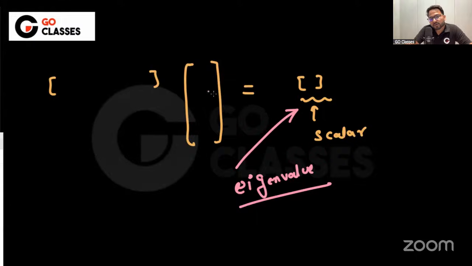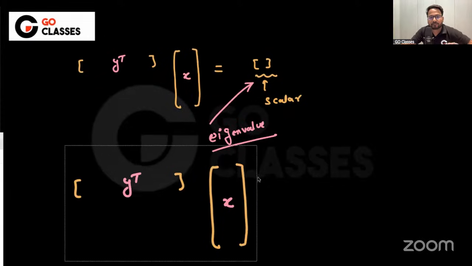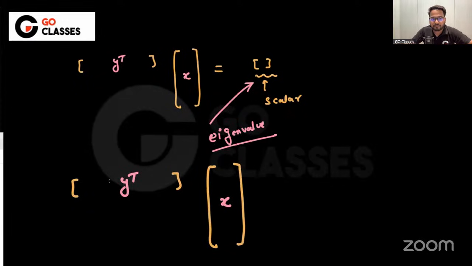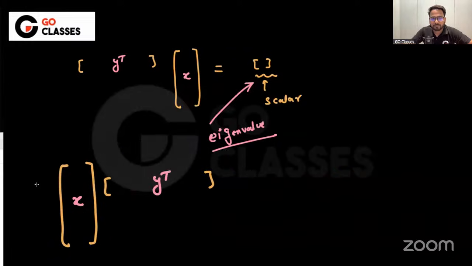Now, if I ask you, instead of this multiplication, where this is y transpose and this is x, to have this other multiplication, then the eigenvalues will at least be the same, right? So this will have the same eigenvalue as this, isn't it?